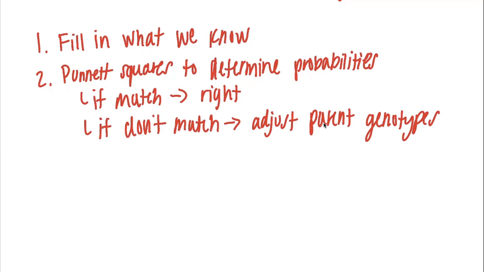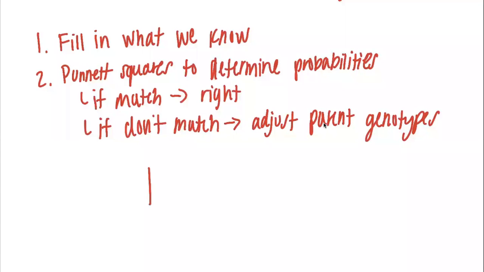We fill in what we know. We use Punnett squares to determine our probabilities. And if those probabilities match, that means we're probably right. If they don't match, if there's a child option that doesn't show up in the Punnett square, then it doesn't match.